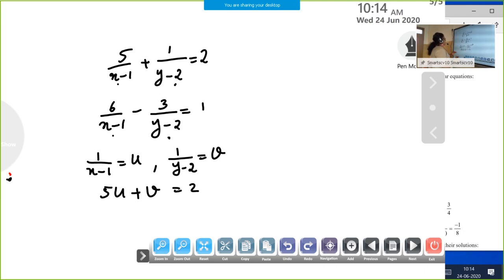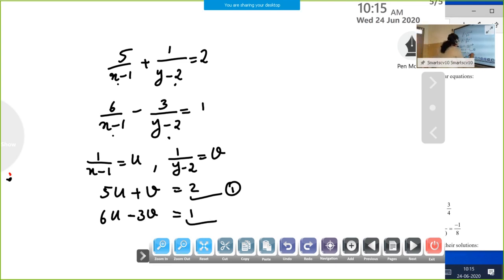The second equation is 6u minus 3v is equal to 1. Using any method, find the value of u and v.